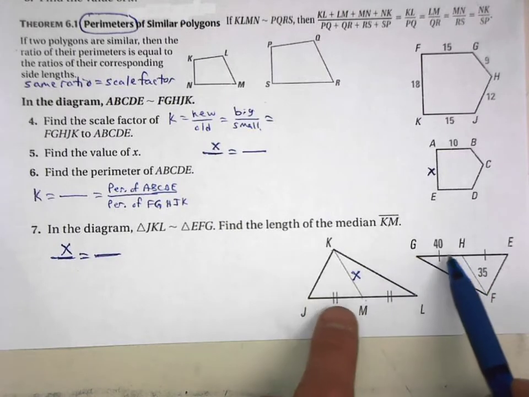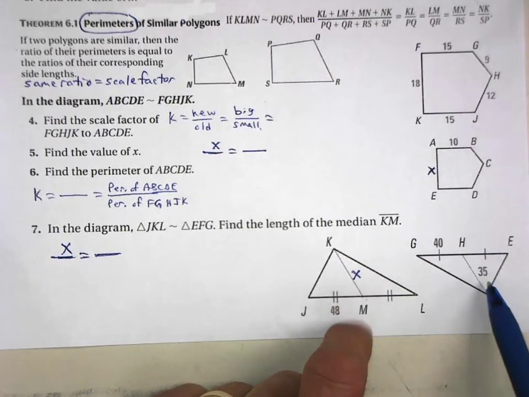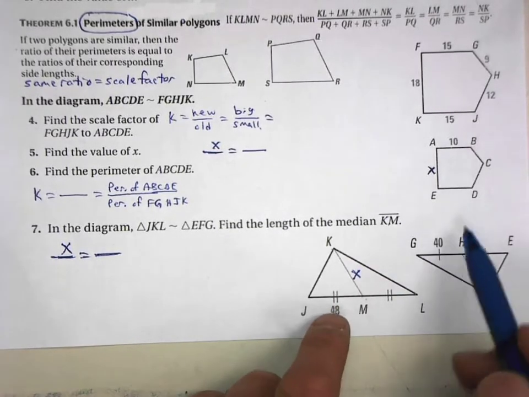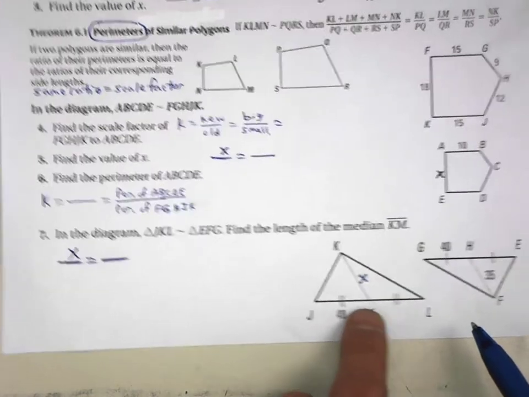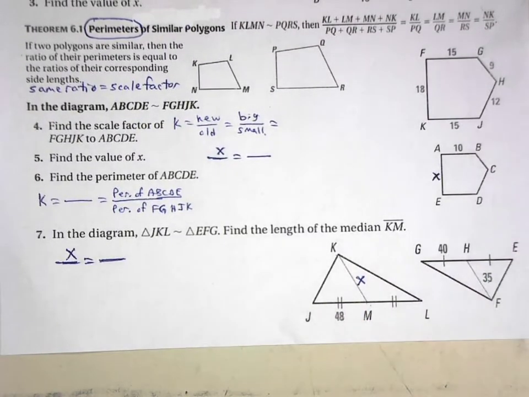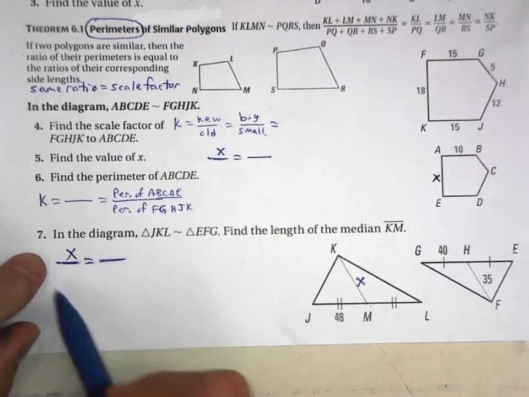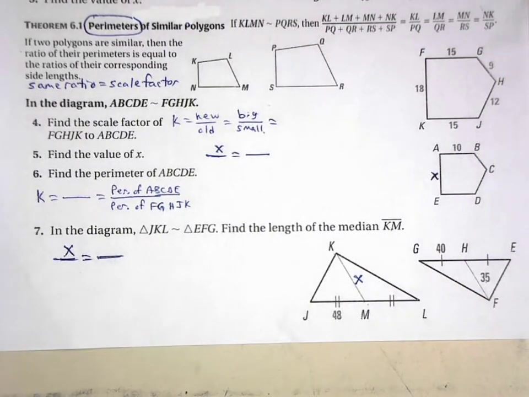And that's these two sides. So x over this number, which is that number right there, equals this number on the left-hand side, this side, over this side over here. Okay, so hopefully that's clear enough for you. And once you have that proportion, then do cross multiplication and solve that for x.